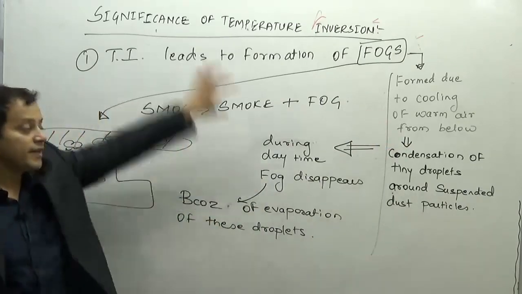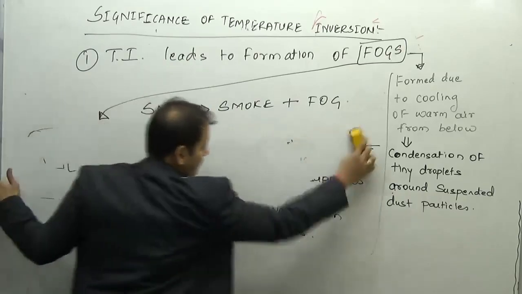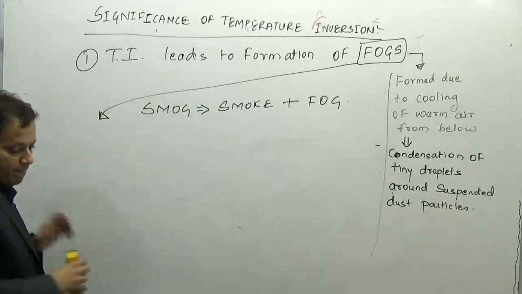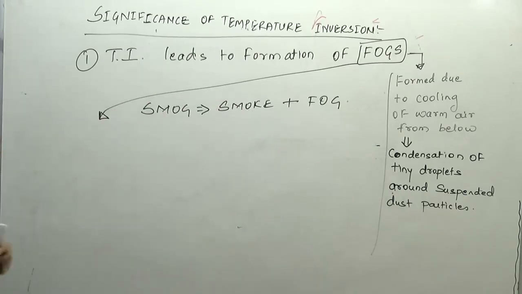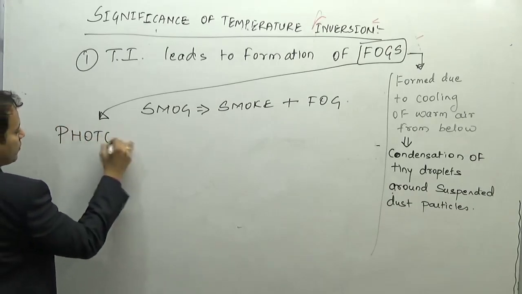Now you know that fog disappears during the daytime, but there is a special type of fog which is known as photochemical smog.